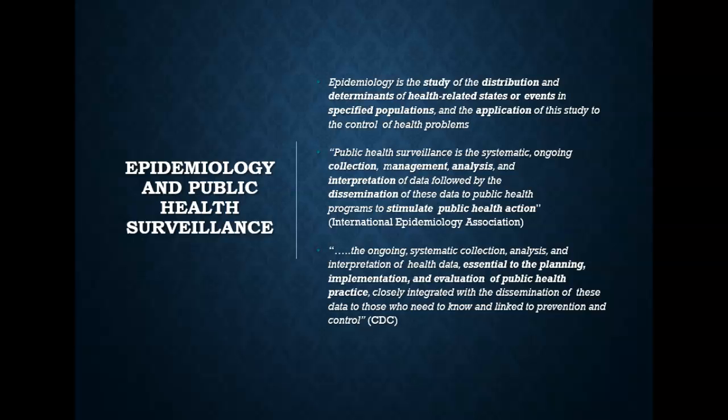If you look at the second bullet point, read along with me if you want to: public health surveillance is the systematic, ongoing collection, management, analysis, and interpretation of data, followed by the dissemination of these data to public health programs to stimulate public health action.